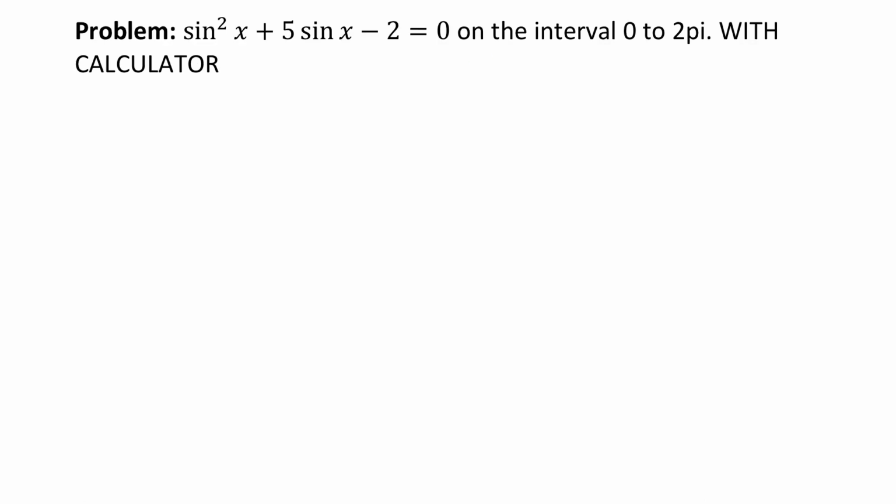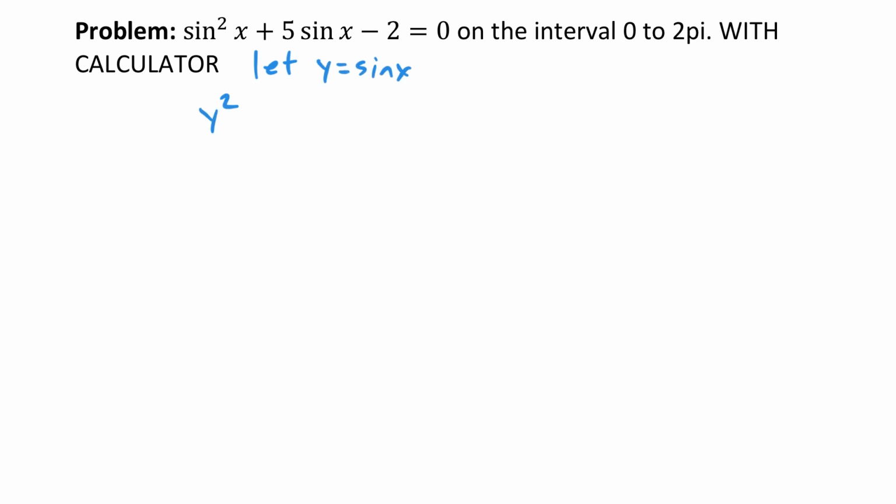All right, sine squared x plus 5 sine x minus 2 equals 0. So I'd encourage you to pause the video and give this one a try. See what you come up with. All right, so let's see how the factoring works. Again, because we already have an x, we'll have to do y.